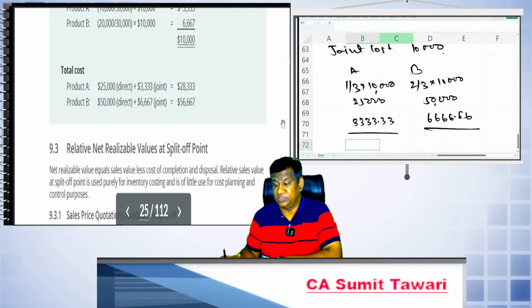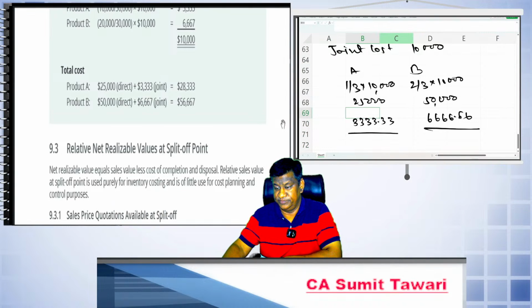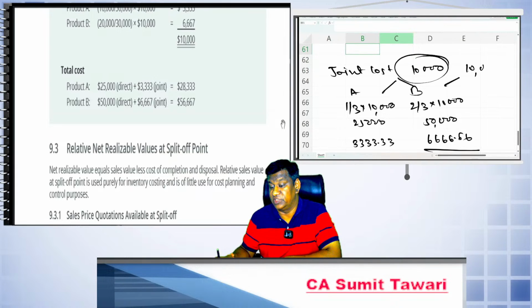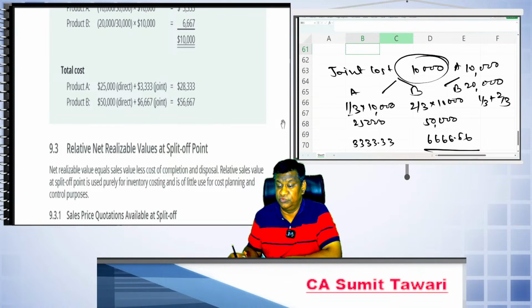So this 10,000 is the joint cost, which we need to apportion to product A and product B on the basis of their volume, which is 10,000 for product A and 20,000 for product B. So it is roughly 1/3 plus 2/3: 1/3 multiplied by 10,000, 2/3 multiplied by 10,000.